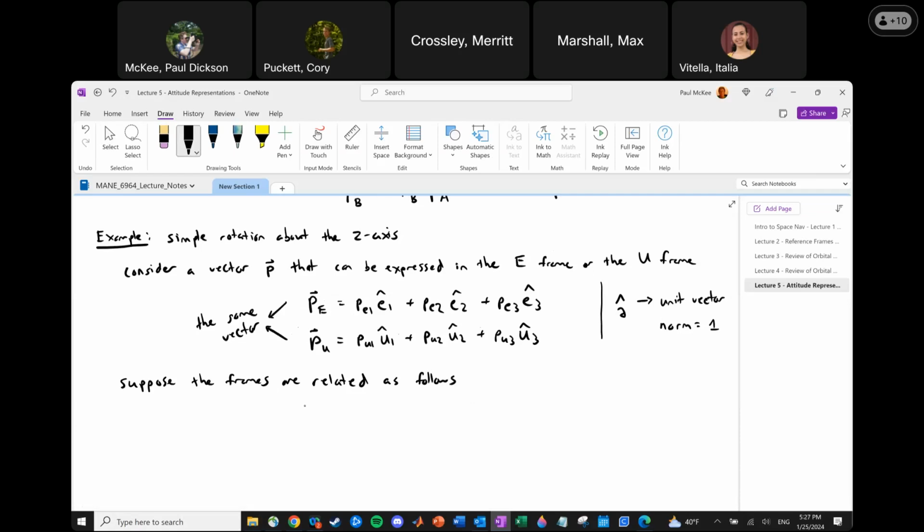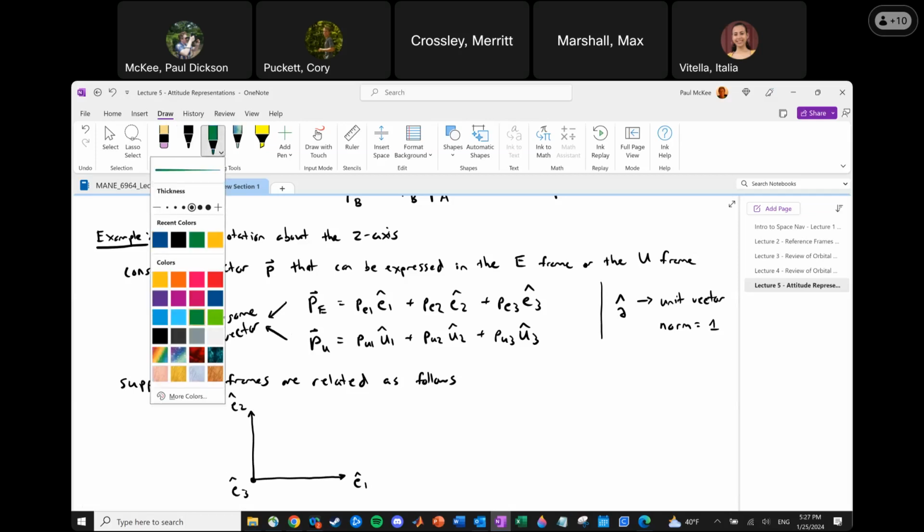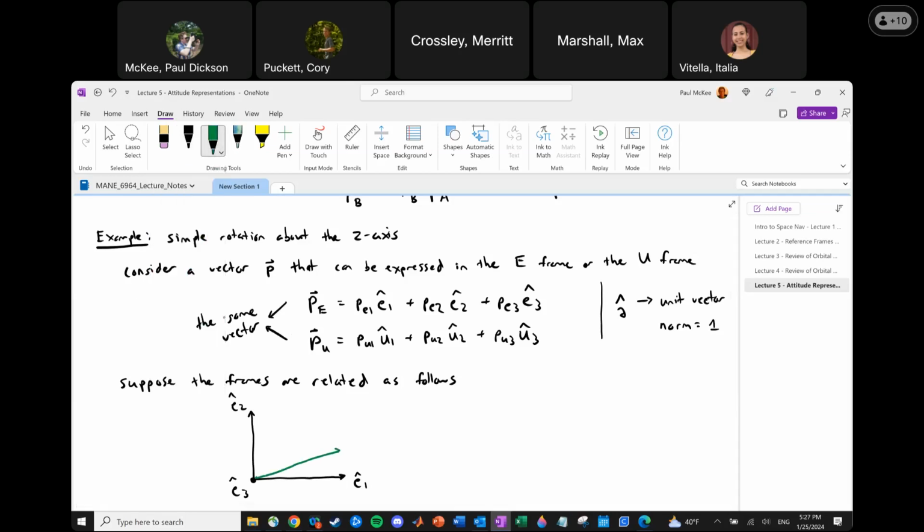All right, let's say we've got some frame, looks like this. So you've got E1, E2, E3 is coming out of the screen at you. And then let's switch to, kind of feeling green today. We've also got some U1 and some U2.